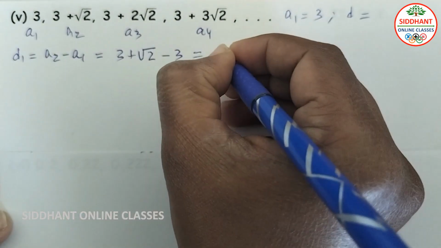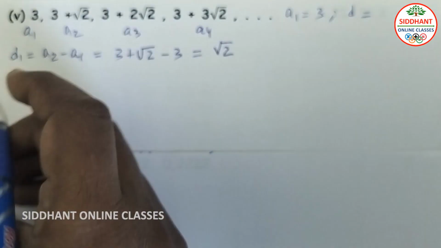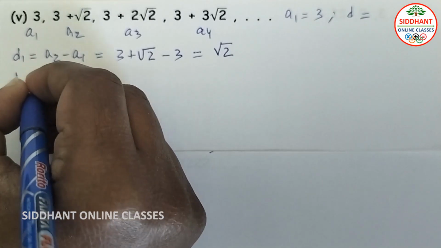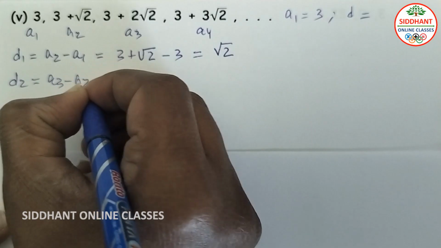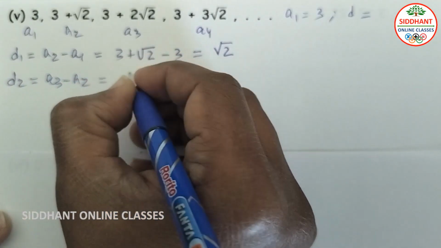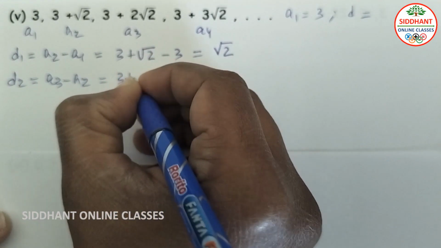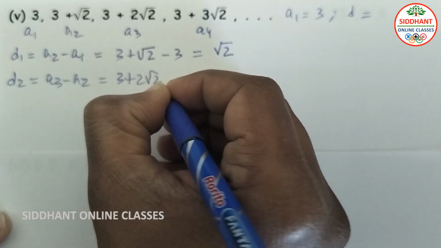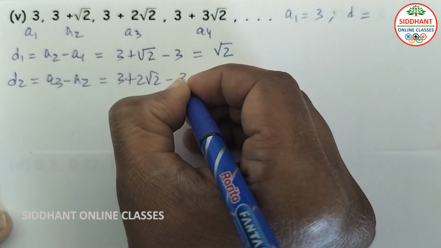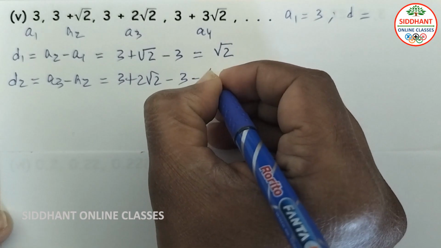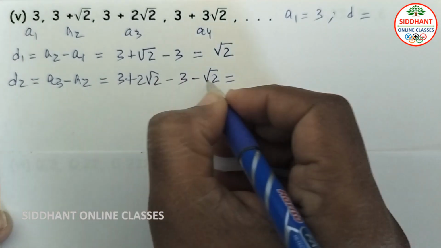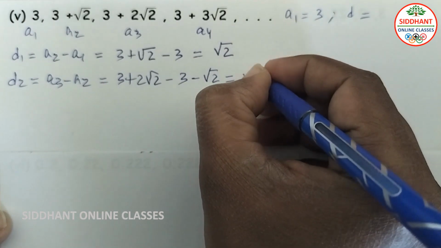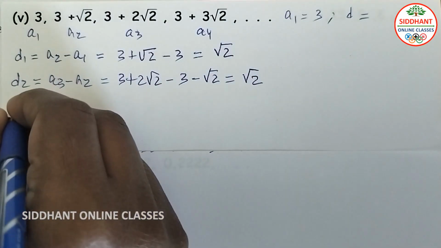So here 3 cancels, we get root 2 here. Next D2, which is A3 minus A2, that is equal to 3 plus 2 root 2 minus 3 minus root 2. So 3 cancels, 2 root 2 minus root 2 will be root 2 here.